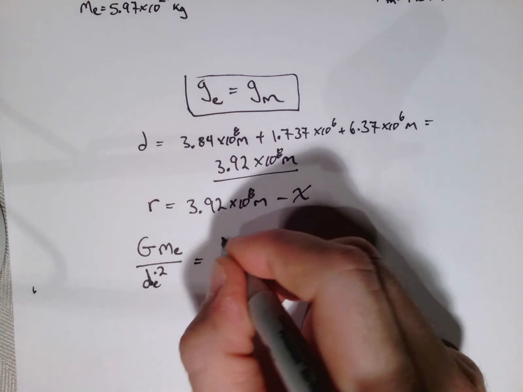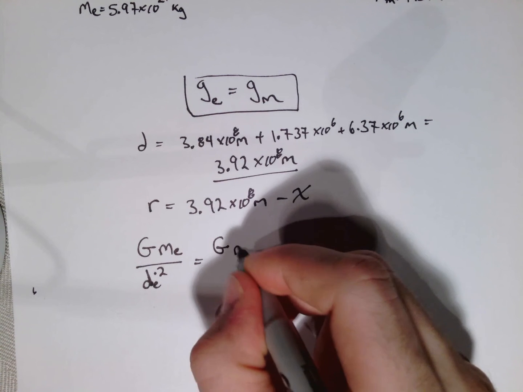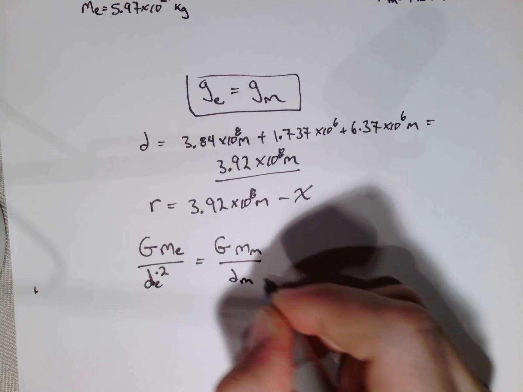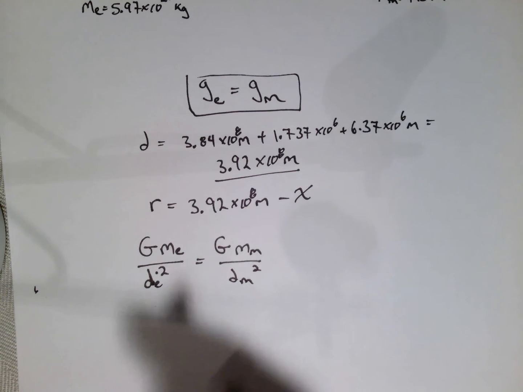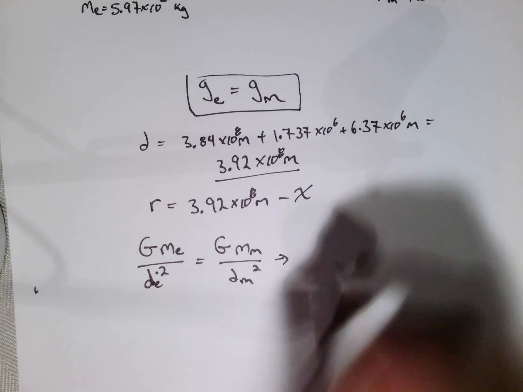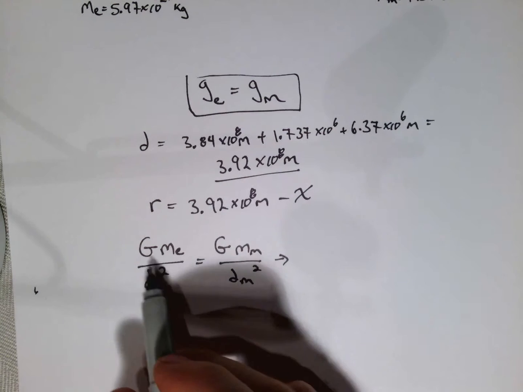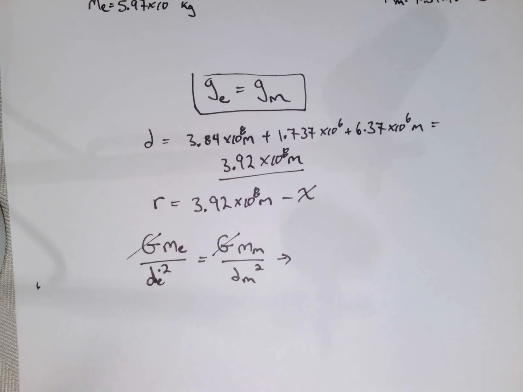And we know this is equal to Gm, which is capital G times the mass of the moon divided by the distance to the moon squared. So now we can put in the information that we know. We've got a lot of information that we know. And as well, before we go too far, we have a capital G on both sides, and it's the same. So because of algebra, we can cancel these out.